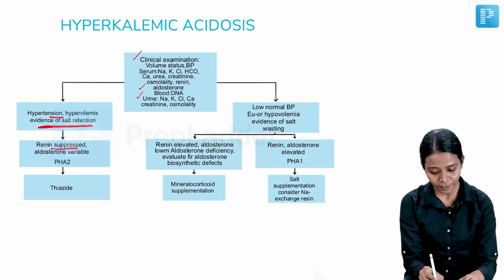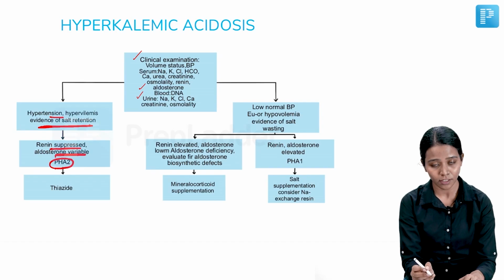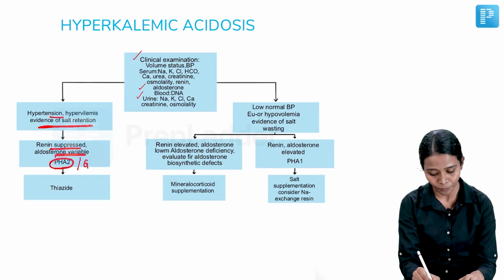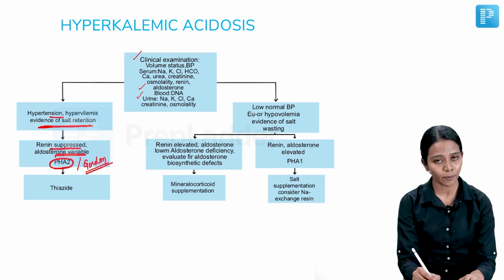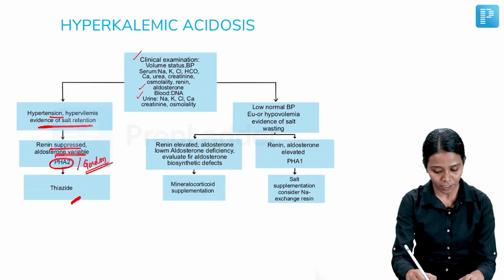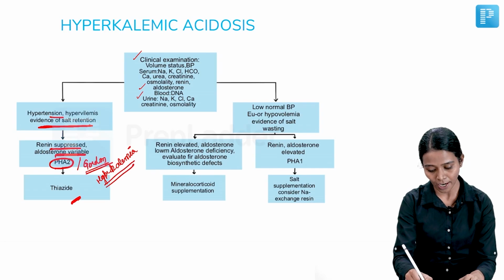So, if renin is suppressed and aldosterone is variable, then think about pseudohypoaldosteronism type 2 or Gordon syndrome, which is because of activation of the sodium chloride channel. So, the treatment will be thiazide.